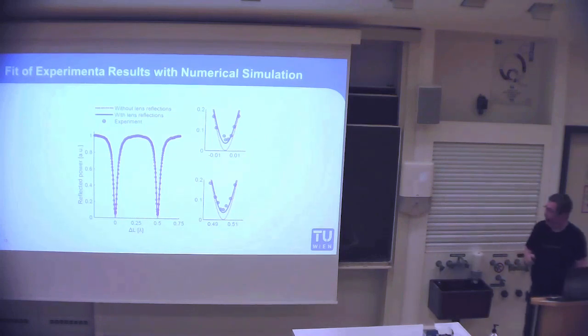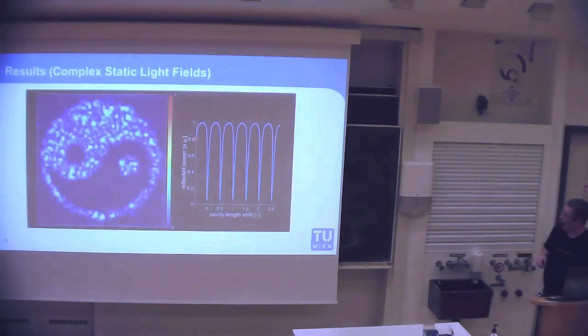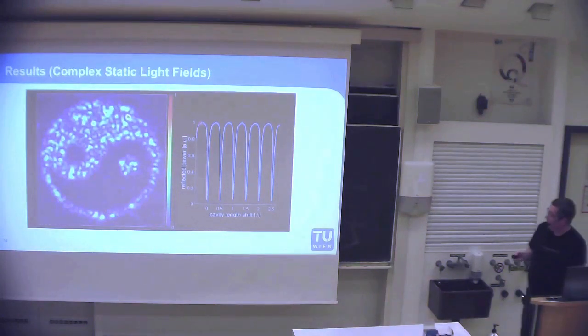So we know what's going on here. This is a video from the actual experiment. You see we tune the cavity length, and every time the cavity length hits a multiple of 0.5 lambda, you get this almost perfect absorption of the whole field of view.